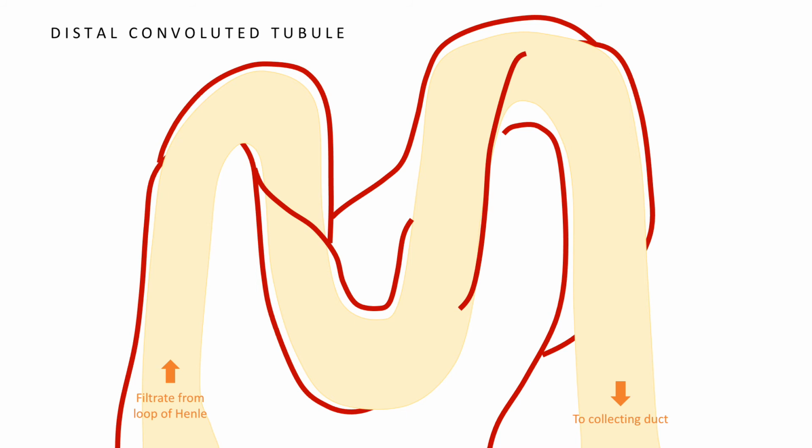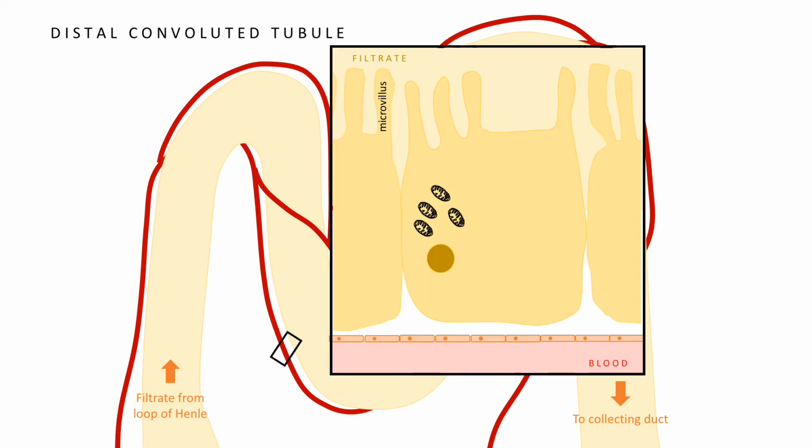It's got blood vessels associated with it, but let's take a closer look at the wall of the distal convoluted tubule and how it functions. So the cells of the wall of the distal convoluted tubule have microvilli to increase the surface area for absorption, and many mitochondria, and that's for good reason.